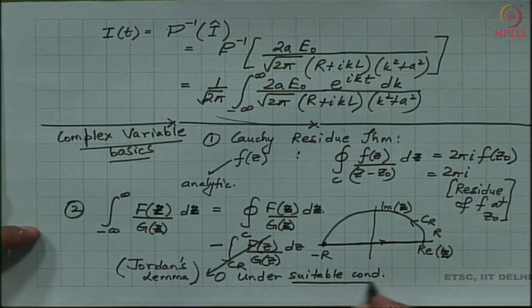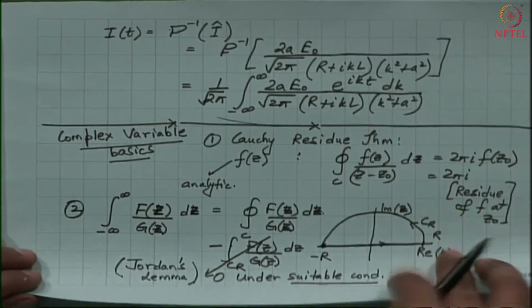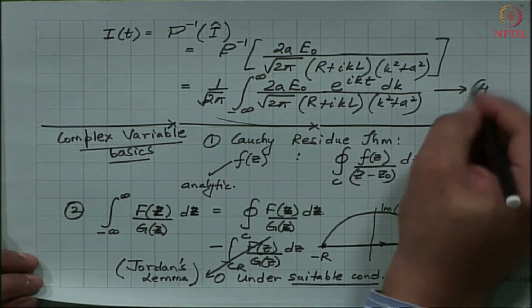So, Jordan's lemma is much more than that, but we are going to use the fact that our f(z) is 2 orders of magnitude smaller than g and both are polynomials. So, coming back to our integral here. So, let us say this is my 4.